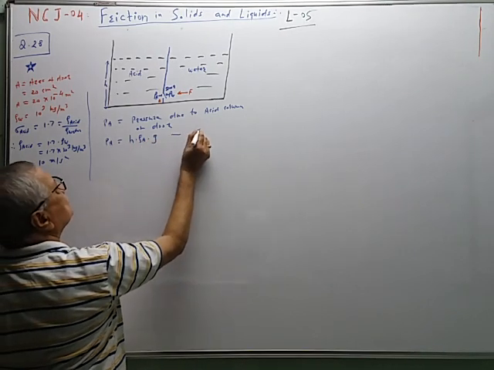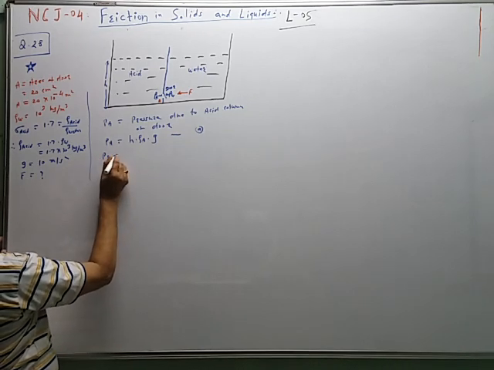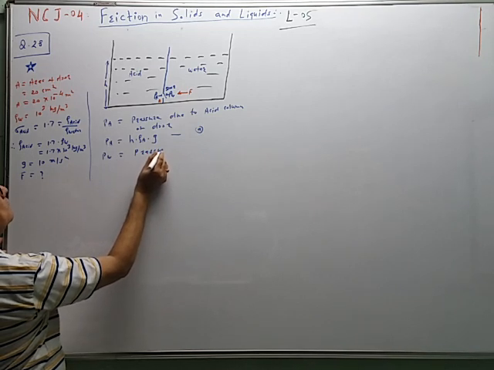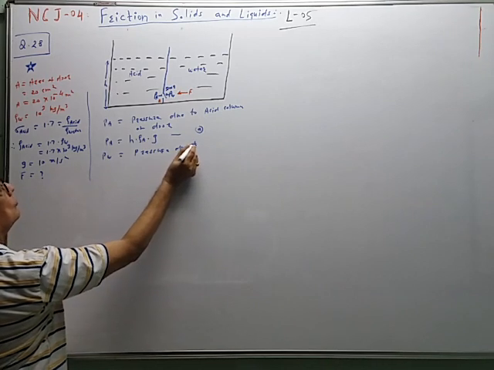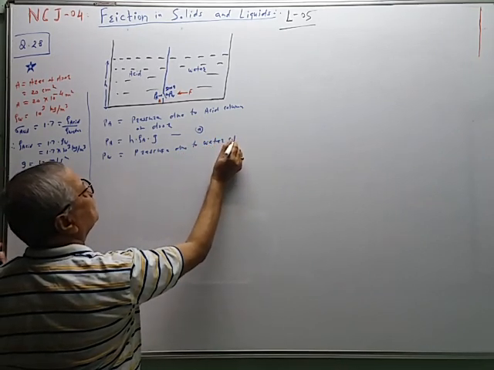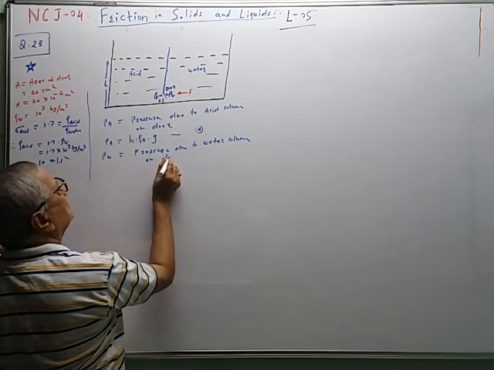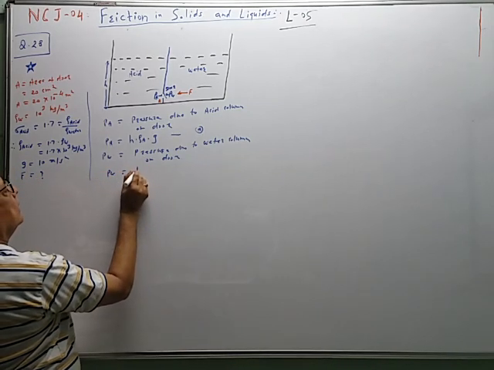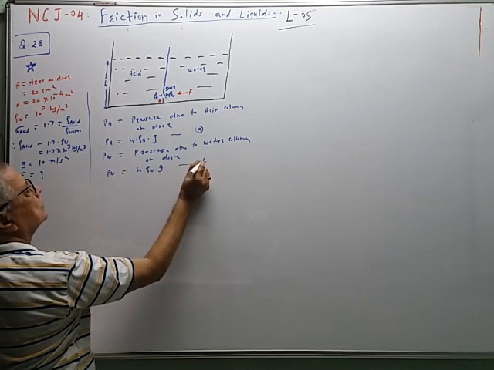So this is equation a. P W is equal to pressure due to water column, W for water column, on the door. So P W is equal to h rho W into g. This is equation b.